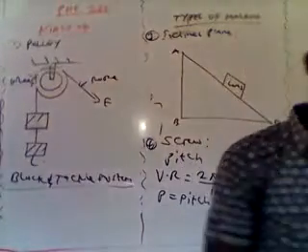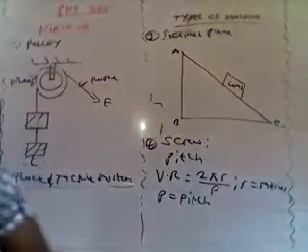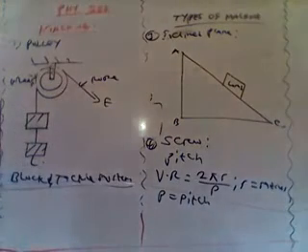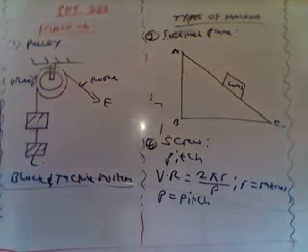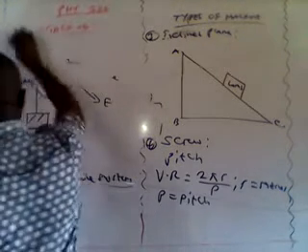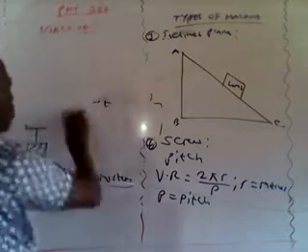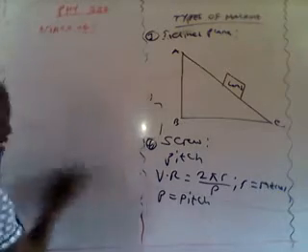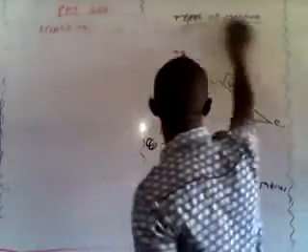But before I round up this class, let's solve one or two questions related to machines. So, question one. I won't write the question because you already have it written in your notes.